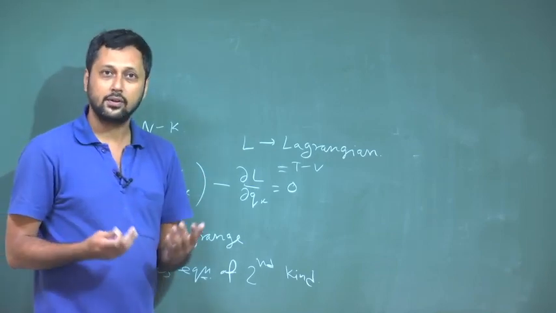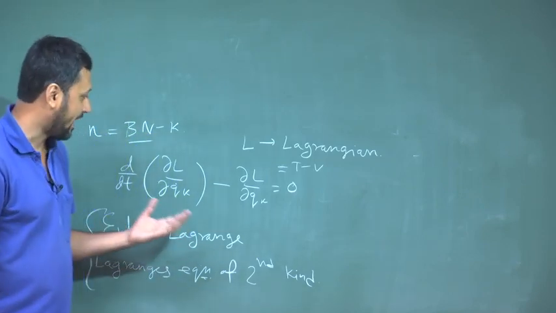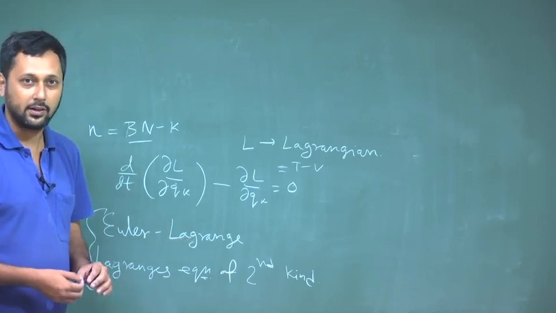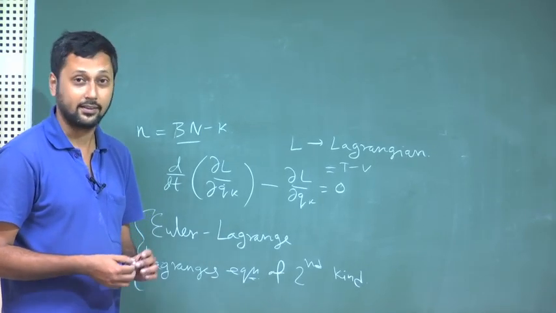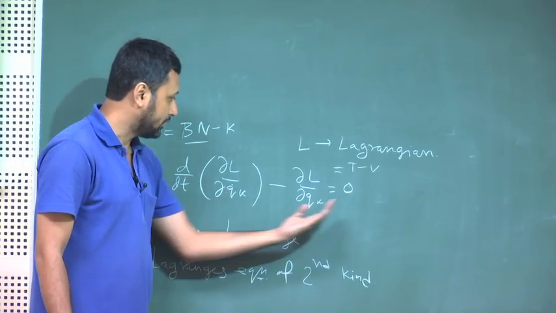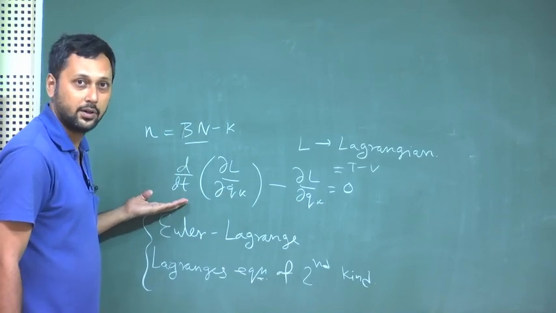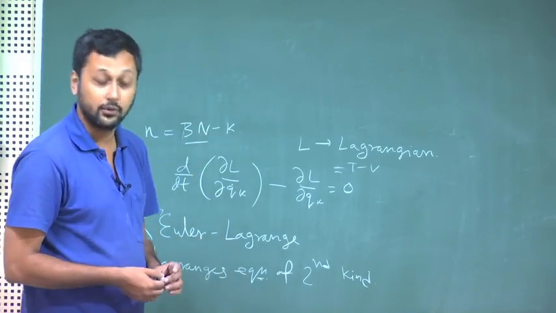During my student life I never had access to so many textbooks. Nowadays we have lots of content on the internet, we never had that. So, I had a tough time understanding the concepts which lead to this particular equation. So, if I have taken too long, that is totally for your good.